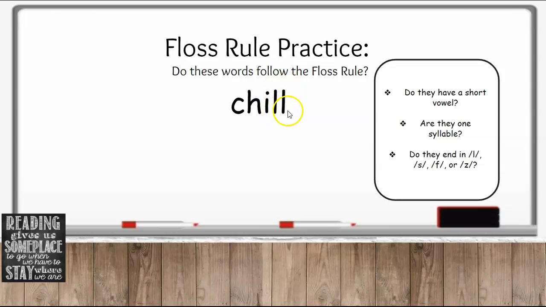So I'm going to double that L because it follows the floss rule. So it wouldn't be just C-H-I-L. It's C-H-I-L-L. I'm going to double that consonant at the end because I had a short vowel, it's a one-syllable word, and it ends with the l sound.